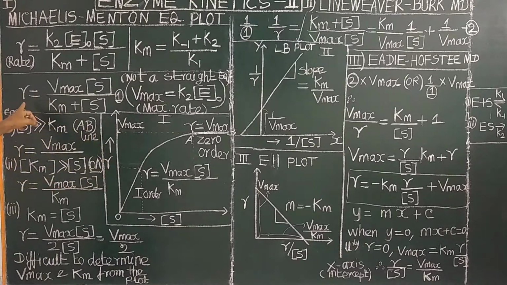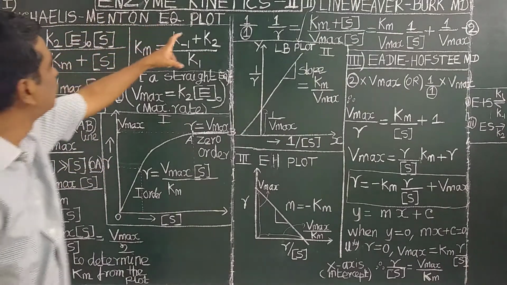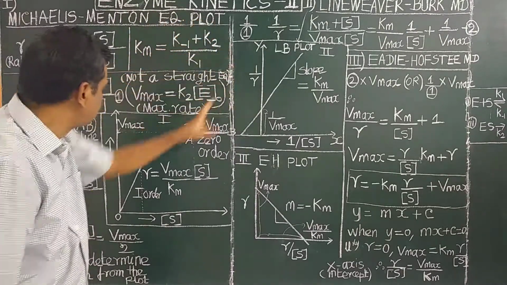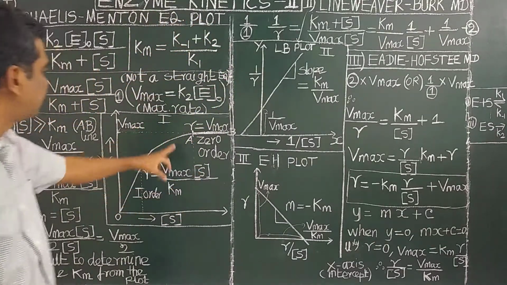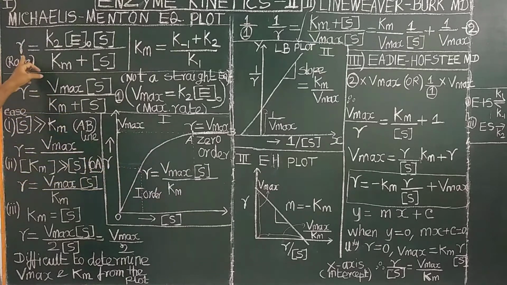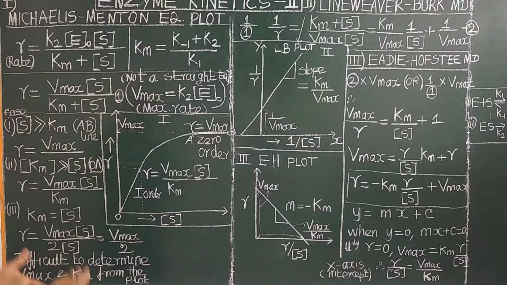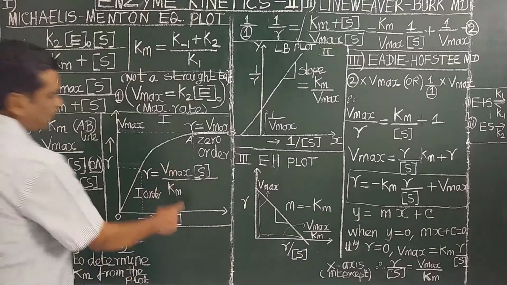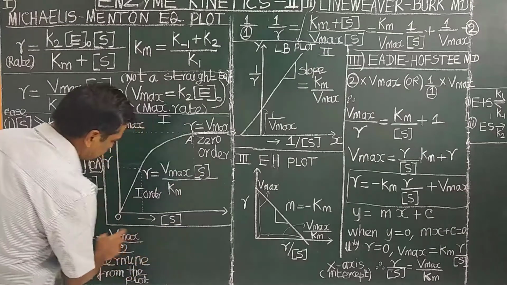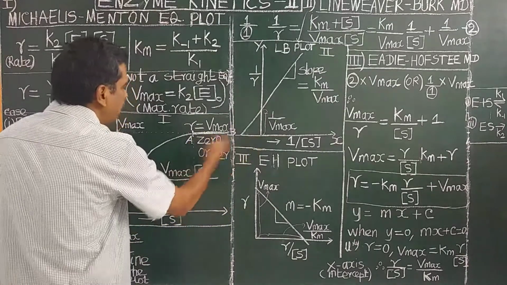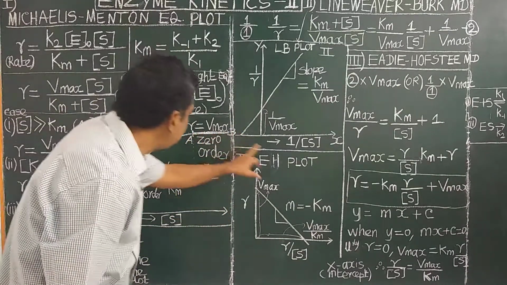On plotting the Michaelis-Menten equation, we obtain the Michaelis-Menten plot. When R is plotted against substrate concentration, with increasing substrate concentration, this graph is obtained. For example, at high substrate concentration, beyond A it becomes a straight line.